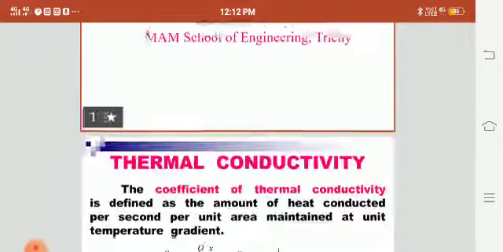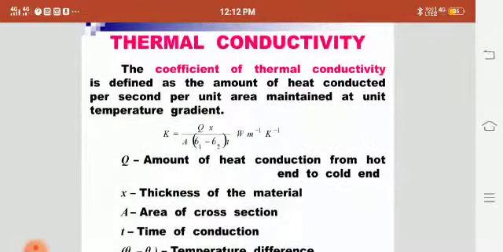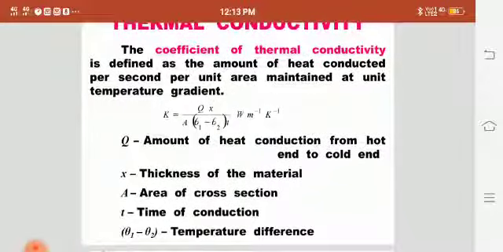As we know, the coefficient of thermal conductivity is defined as the amount of heat conducted per second per unit area maintained at unit temperature gradient.